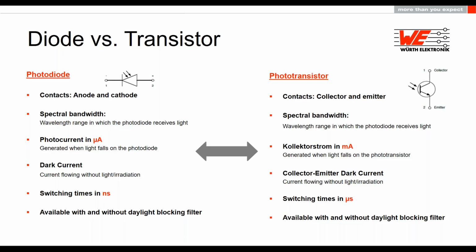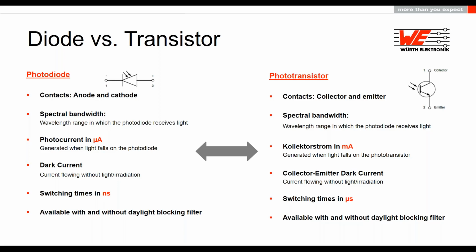The other main difference between the photodiode and phototransistor is the response time, or the switching time. A photodiode, because of the direct conversion of light into electricity, has a very short switching time, in nanoseconds.